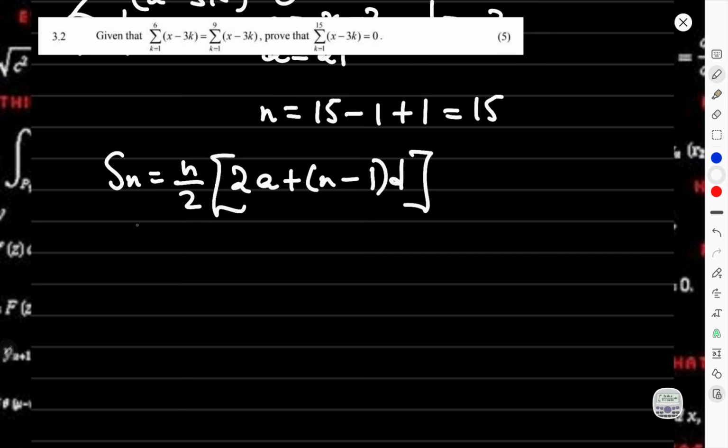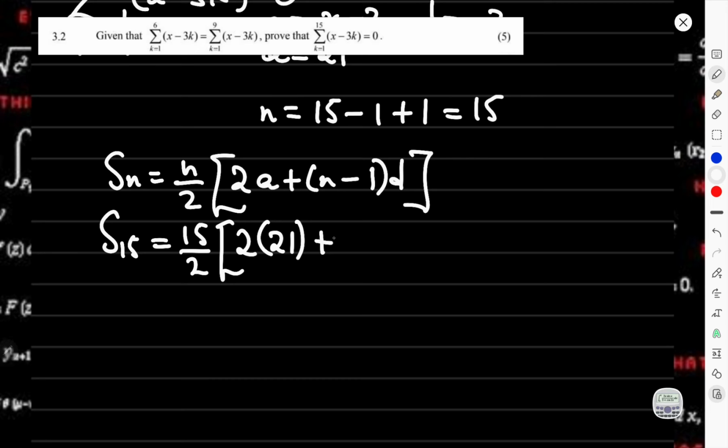Where there's n, we replace by 15. 15 over 2 into 2 of a, which is 21, plus 14 d, with d being negative 3.